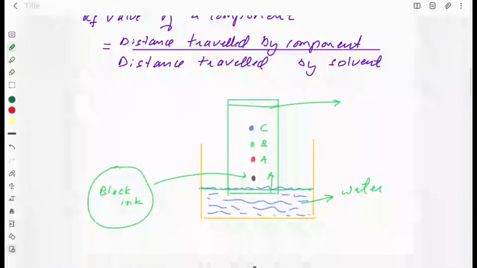And why is A near the bottom and C near the top? Because if a dye is more soluble, then it will rise a greater distance, and a less soluble one will remain close to the bottom.